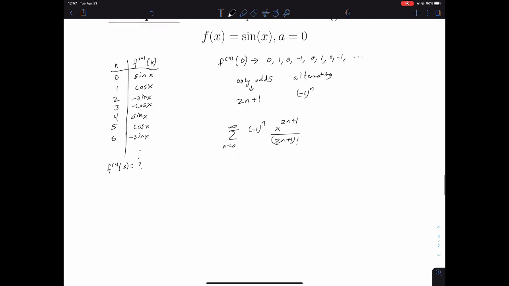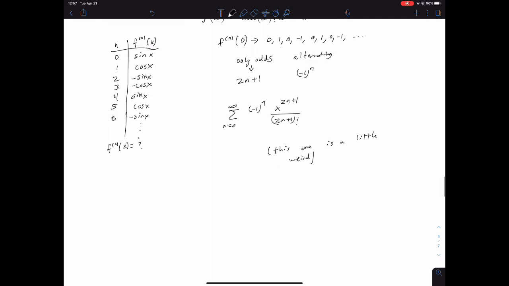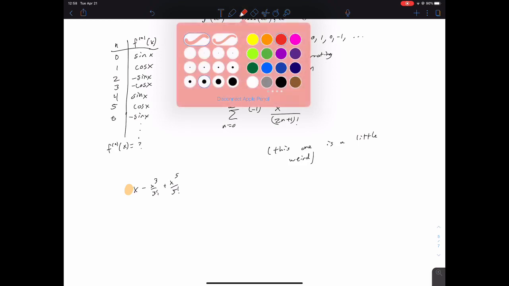So this one's a little bit weird. So don't take this one as an example of how to do other examples, but this is where the sign comes from. So we already saw the x minus x cubed over 3 factorial plus x to the 5th over 5 factorial. And it's because of this. This is the 1.